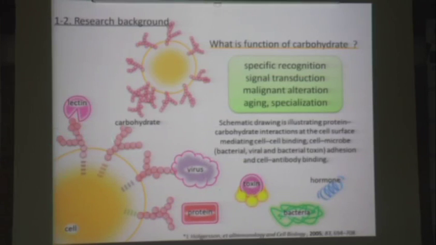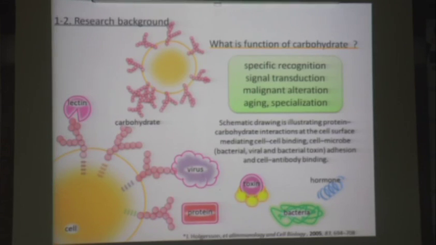The various carbohydrate structures are displayed on cell surfaces and play a role as a natural ligand between cells and their foreign substances. Schematic drawing is illustrating protein-carbohydrate interaction at the cell surface, mediating cell-cell binding, cell microbe adhesion, and cell antibody binding.